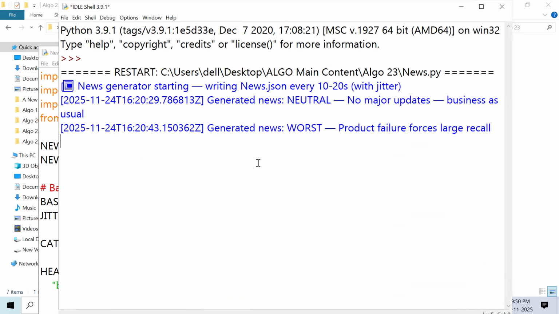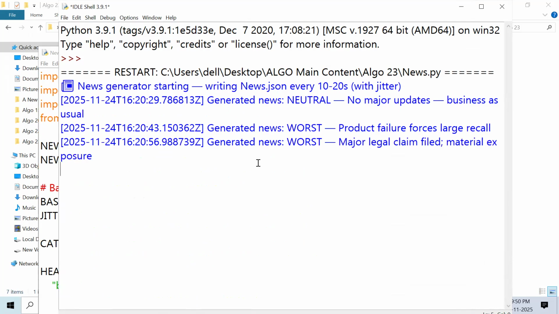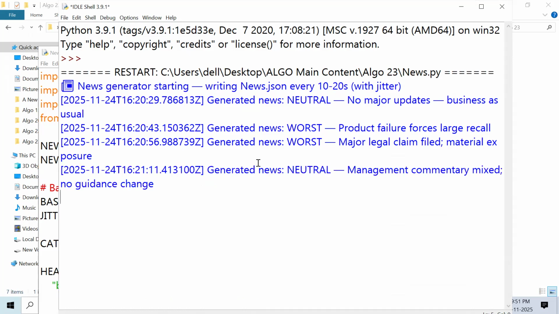So this kind of news continuously comes in the market. Sometimes the news flow is very fast. Sometimes the news flow is very slow. It basically depends on what kind of business you are running. So let's consider this news is flowing continuously in the market every 10 seconds.